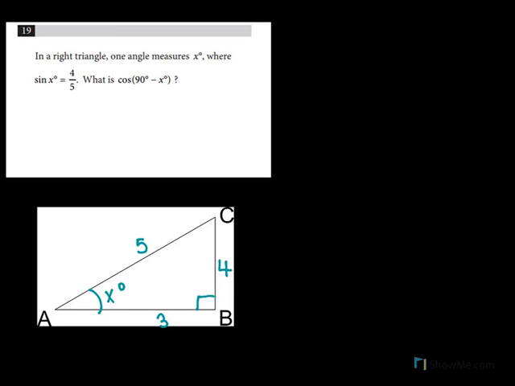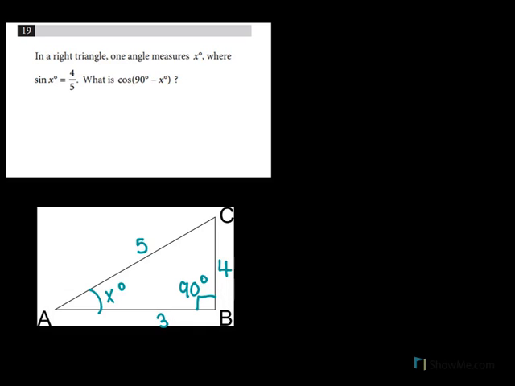And obviously, since this is a right triangle, this angle would have to be 90 degrees. And in order to find the third angle, we know that a triangle is 180 degrees.